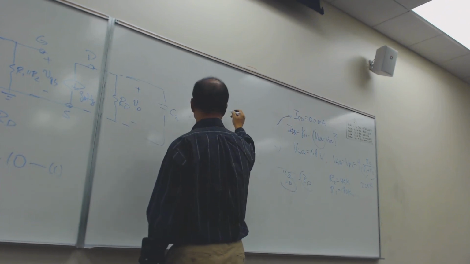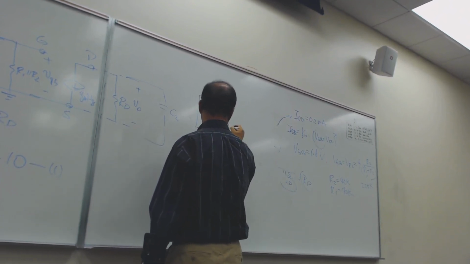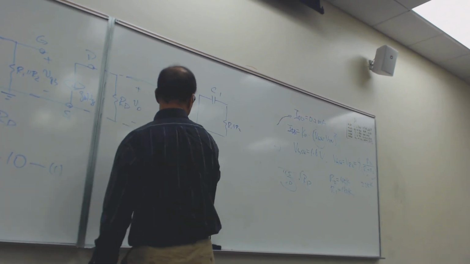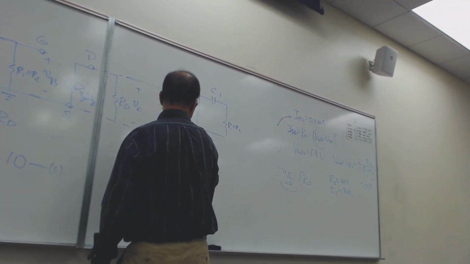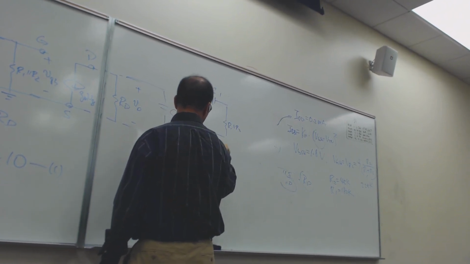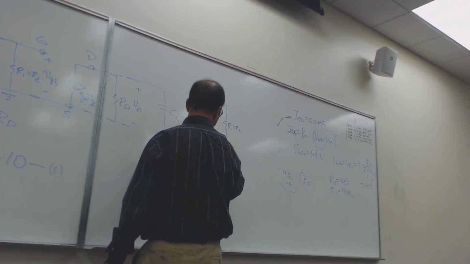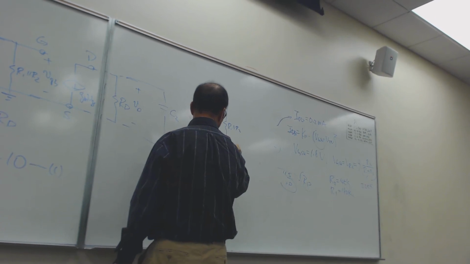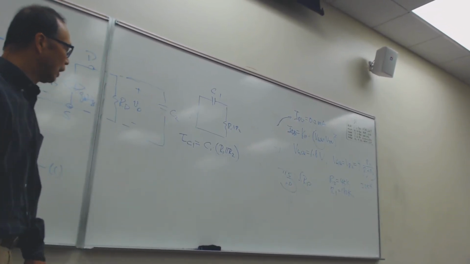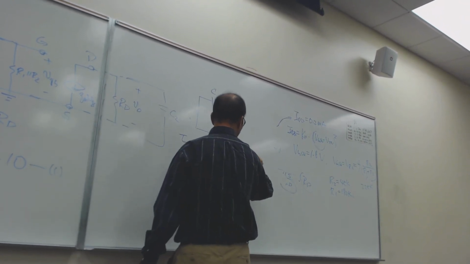On the other side, what do you have? R1 in parallel with R2, correct? So that is tau associated with C1. So it's C1 times this plus that, right? Actually, plus 0 if you like.